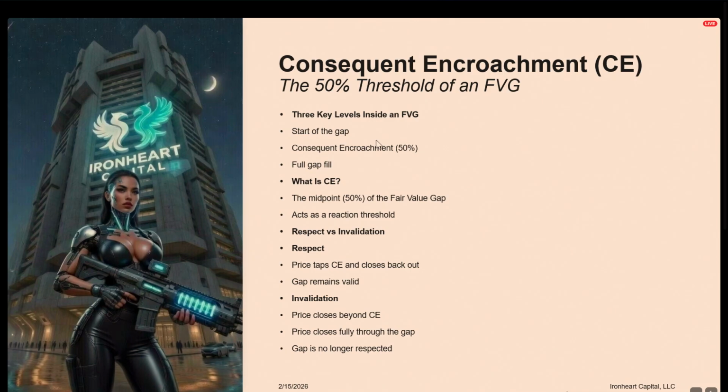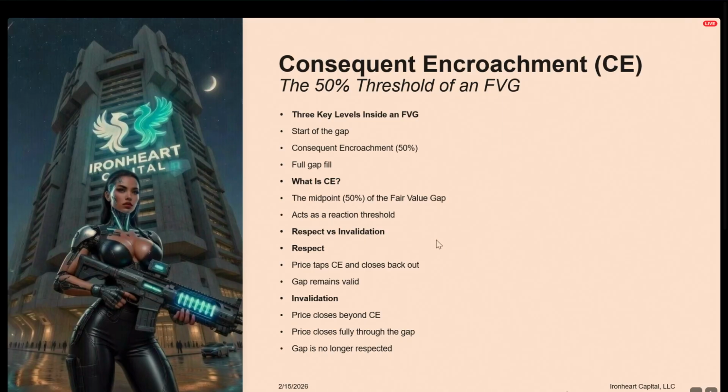And the nice thing about TradingView, which most people are using these days, you don't even have to draw a fib. You can go into your rectangle tool option, click on midline, and it will automatically print the consequent encroachment of whatever gap you are drawing, okay?